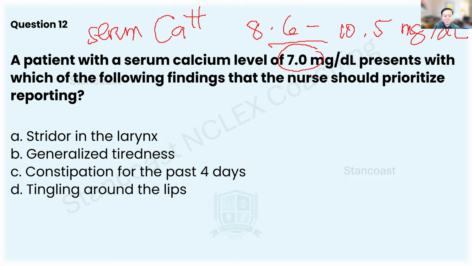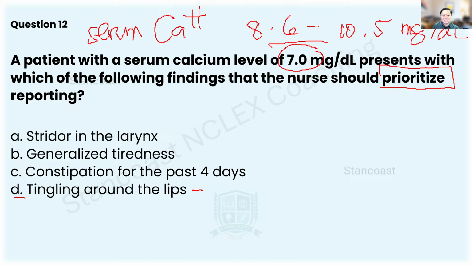If you had answered letter D, tingling around the lips, is this a priority manifestation? We are asked about prioritizing the reporting. So we are going to select that manifestation that is quite severe, right? Tingling around the lips doesn't really pose a threat to the airway, right?